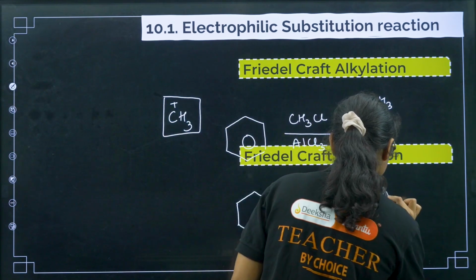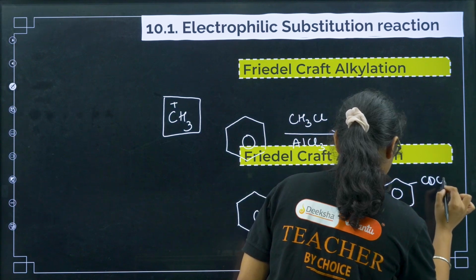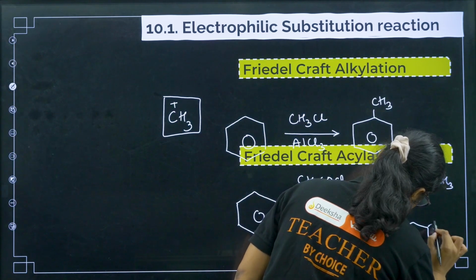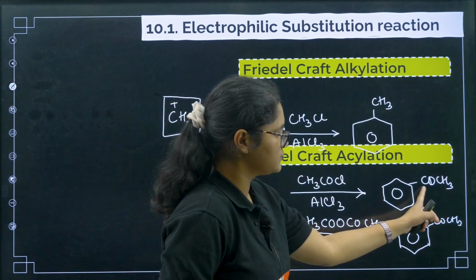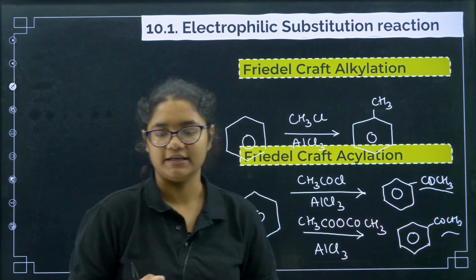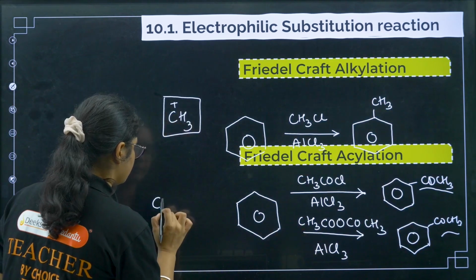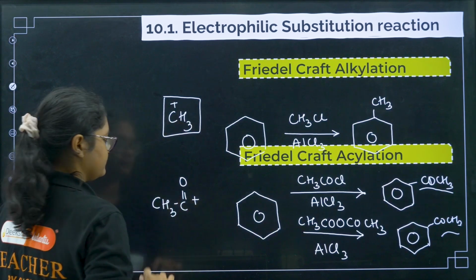This one will give you COCH3 attached to the ring. Okay. So when you are adding this COCH3 group, this is called acylation, or acyl group is added. And what is the electrophile produced here? Electrophile is CH3CO plus. Okay.